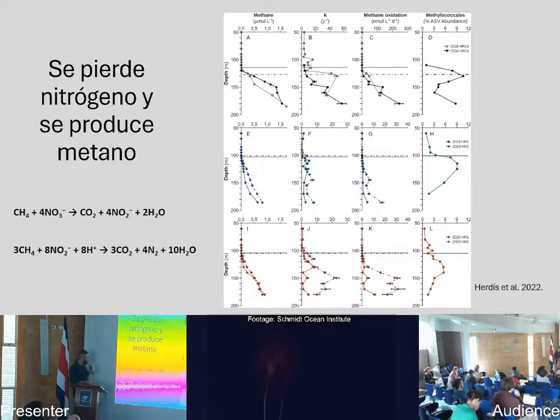But probably the most important is this, because as you know, nitrate is a highly oxidized form of nitrogen, and it is not compatible with the oxygen minimal zone. So probably nitrate is the most important factor that controls the methane oxidation in this environment.